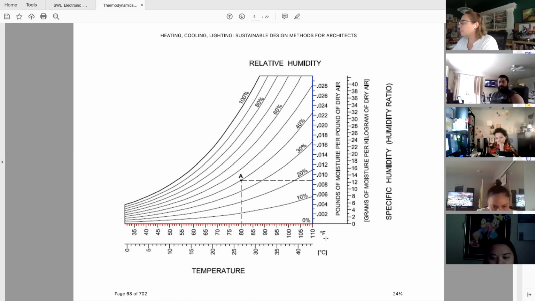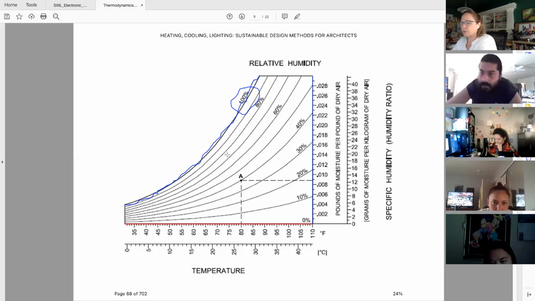Okay, next thing on this half of the chart. So we have dry temperature, and we have humidity content, and these curves here are our relative humidity lines going up. So the very top line here is 100%. The reason this is curved is that the warmer the air temperature gets, the more moisture it can hold.